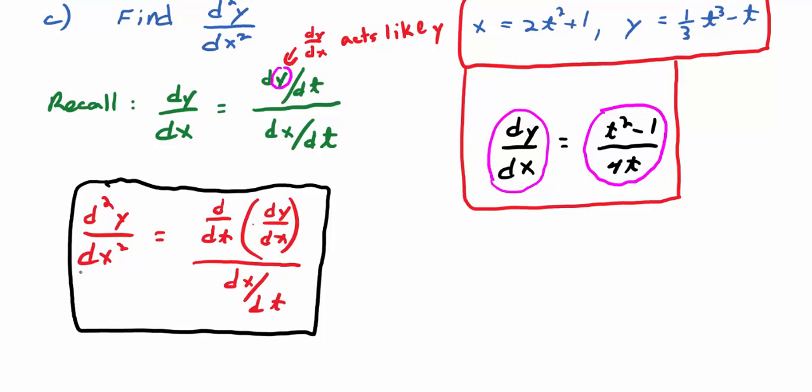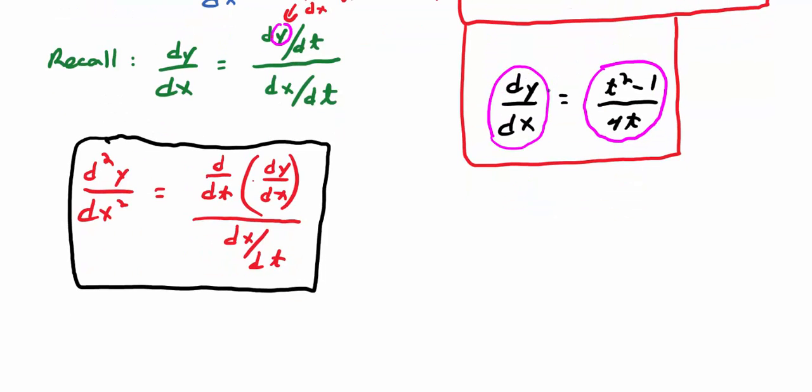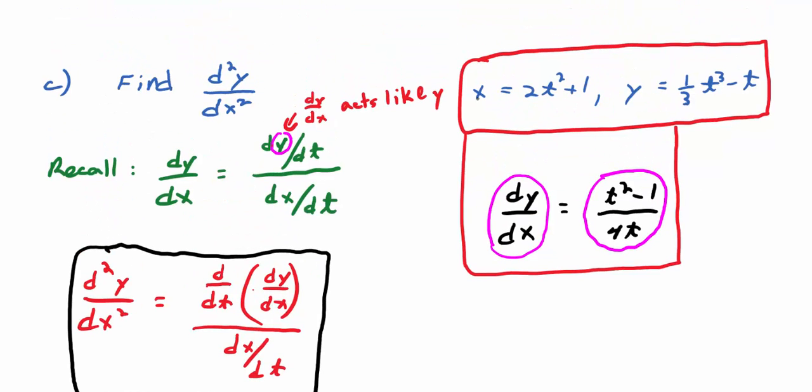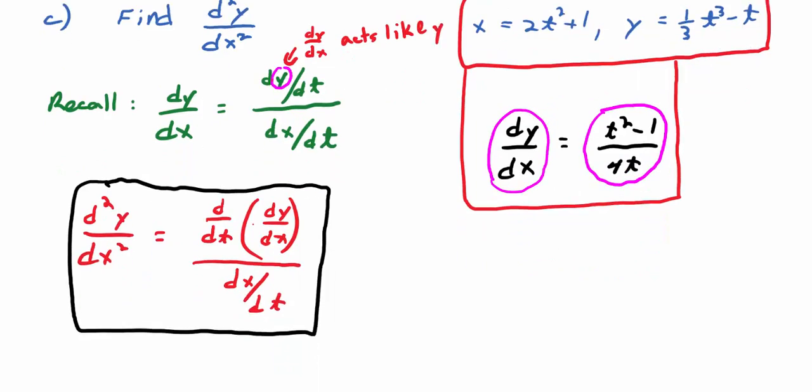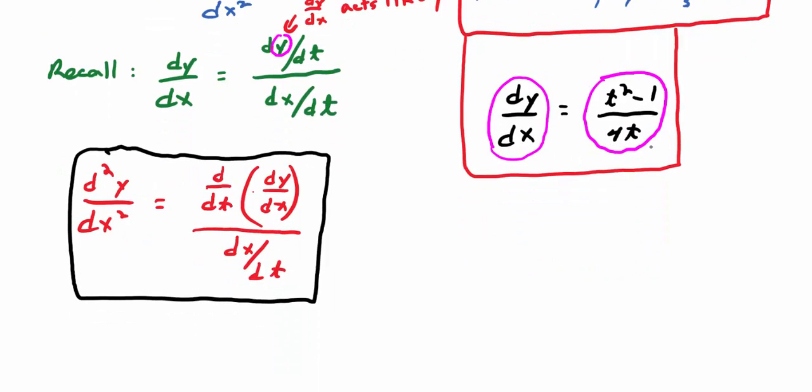Now, in order to use this formula, you have to have what? You have to have the first derivative. So you use the first derivative to find dy/dx, which we already did at the end of last class. And now we're going to use this formula to find the second derivative. Since, with respect to these parametric equations, x equals 2t squared plus 1 and y equals 1/3 t cubed minus t, dy/dx is (t squared minus 1) divided by 4t.